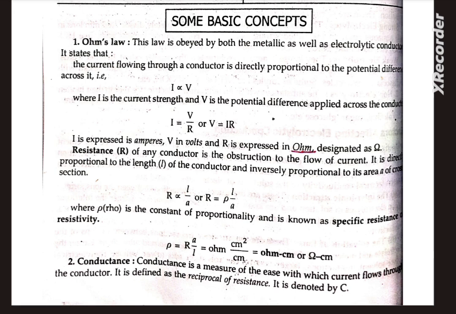I is expressed in ampere, V in volt, and R in ohm. Resistance R of any conductor is the obstruction to the flow of current. It is directly proportional to the length L of the conductor and inversely proportional to its area A of cross section.